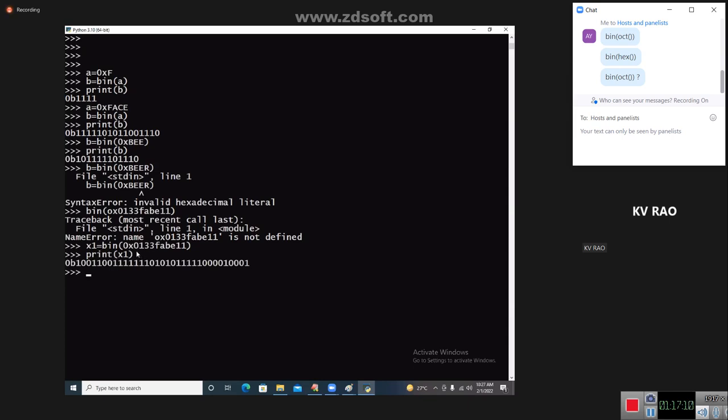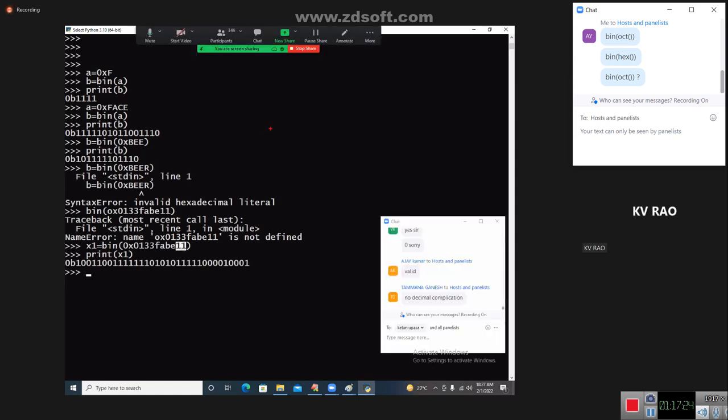Happily it works, because after 0x, 0 is an allowed digit, 1 is allowed, 3 is allowed, FACE and BE are allowed. Hexadecimal allows 0 to 9 and then A to F, in any combination. Is it understandable, student? Are you understanding this? Yes, Vamsi Krishna.